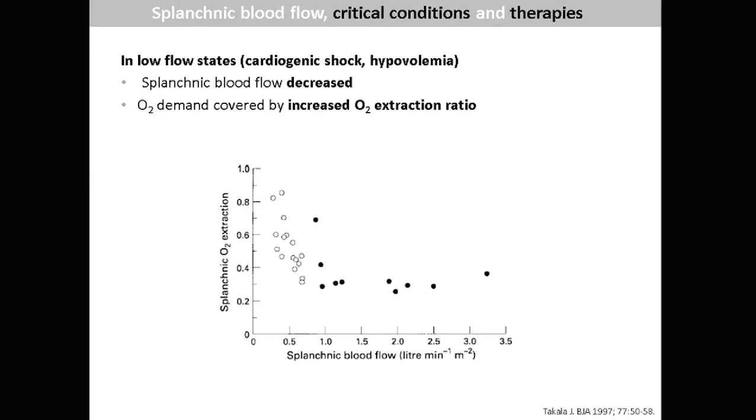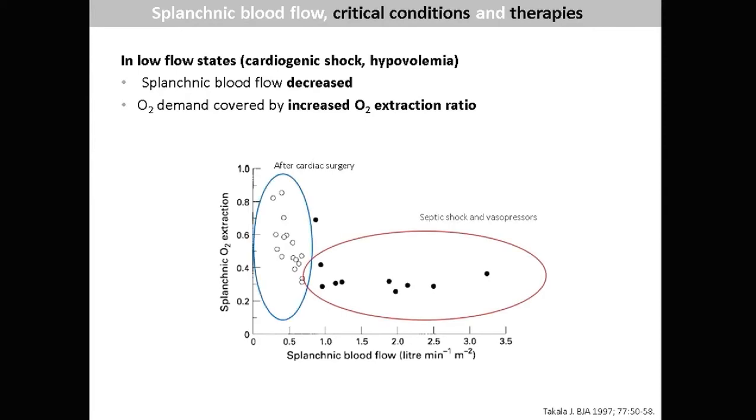In low flow states, in cardiogenic shock, hypovolemia, splanchnic blood flow is decreased and oxygen demand is covered by increased oxygen extraction ratio, as shown in this graph. Here we compare patients after cardiac surgery with low flow, and we see really low flow in the splanchnic area and high extraction ratio, and vice versa in septic shock and vasopressors.